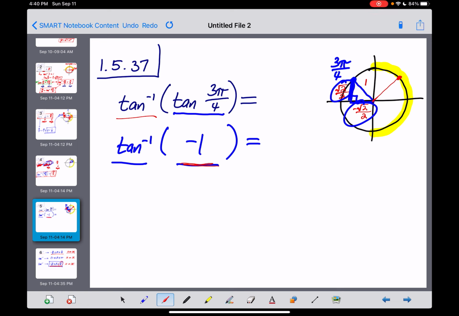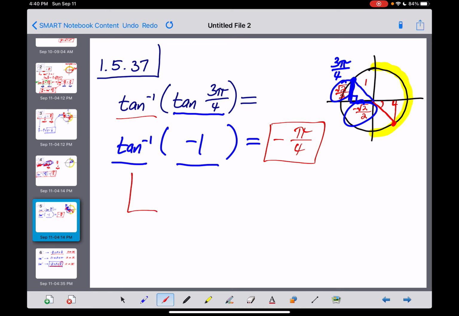So we've got to be looking instead down into the fourth quadrant, and the only angle down in the fourth quadrant where the x and the y values would be equal to each other would be this angle right over here, right? Which is going to be -pi/4. So that is the answer to this problem, -pi/4.